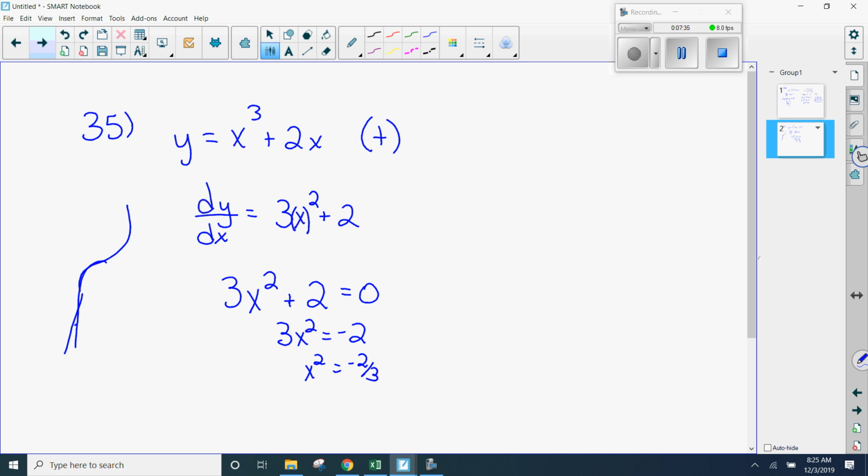No. So the slope is never 0. The slope will always be positive. So your answer for this one is all real values of x. You're always going to have a positive slope for this one.